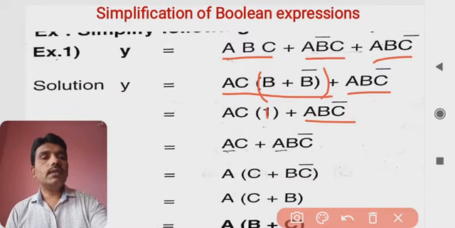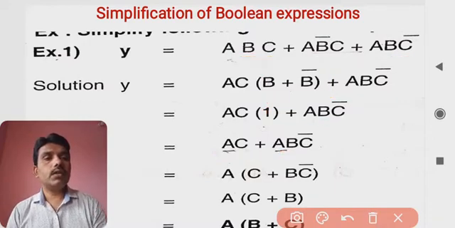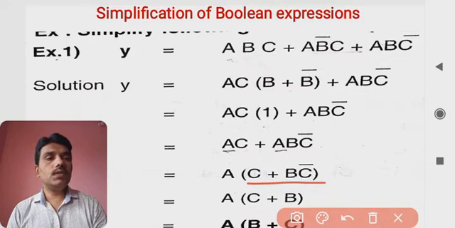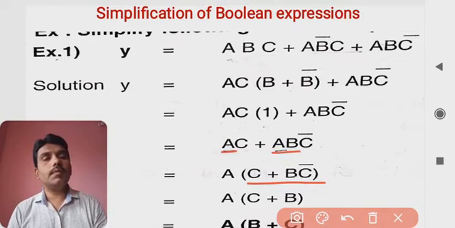Again, A is the common factor in this case, and if we take A as common, it gives us the remaining part C or BC complement.